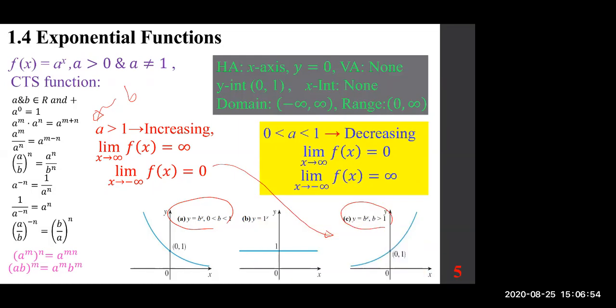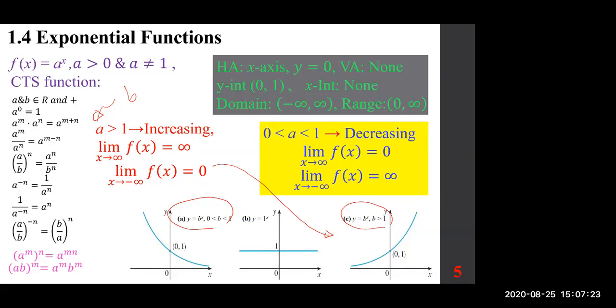On the other hand, if you're looking at the case where the base is between 0 and 1, the function is decreasing, therefore the limit of f of x as x approaches infinity becomes 0, which is the precise definition of the horizontal asymptote. So you are looking at the end behavior. On the other hand, if x is approaching negative infinity, f of x blows up to infinity.